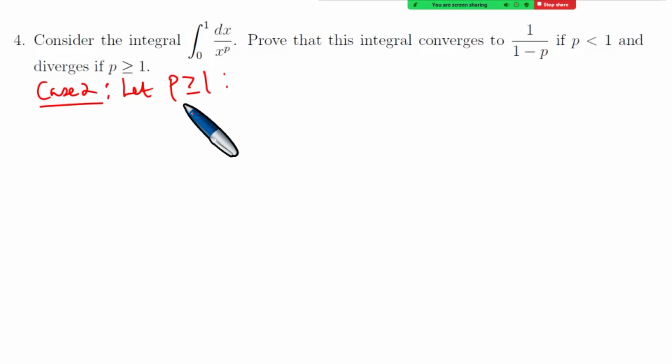Now, whenever we let p be greater or equal to 1, then what is the problem with this integral?